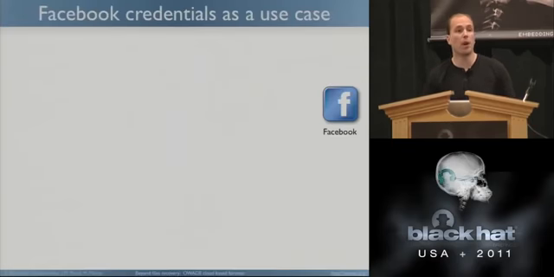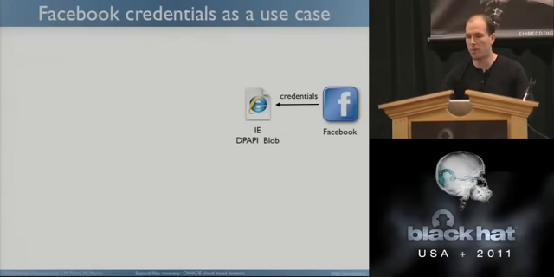Let me give you an example of why it's hard. Let's assume I want to know who someone is on Facebook. I get a hard drive and I know this person is a user of Facebook. Now I need to know who. To get the Facebook credentials, they are probably stored in IE Password Manager. IE Password Manager is encrypted with DPAPI.